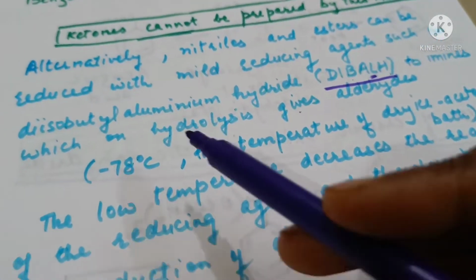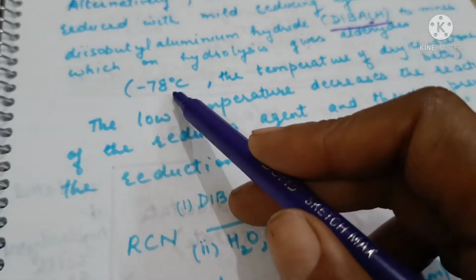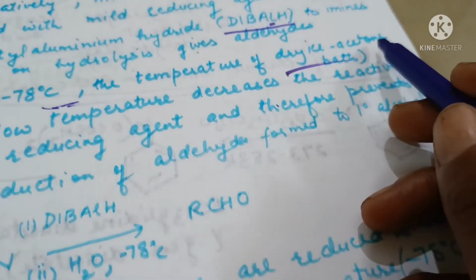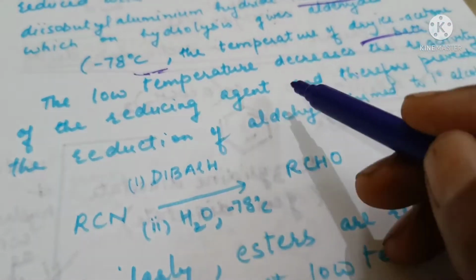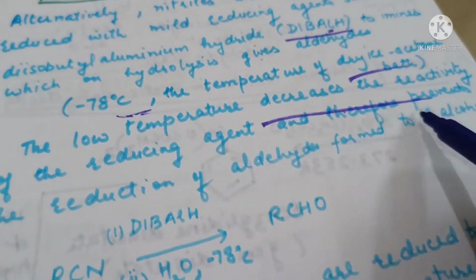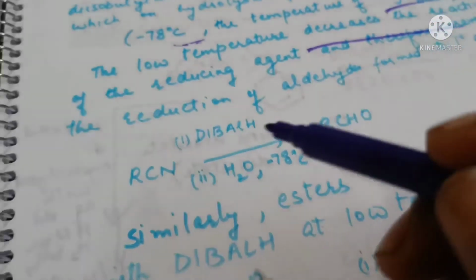It gives imines which on hydrolysis give aldehydes. The temperature of minus 78 degrees centigrade is obtained by dry ice acetone bath. This low temperature decreases the reactivity of the reducing agent and therefore prevents the reduction of aldehydes to alcohols.